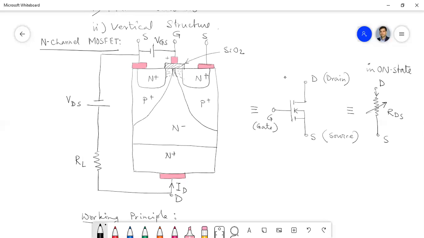Is that clear? So that means you can increase this layer. Initially, suppose this layer is only this much, and if we increase the voltage, this layer will be increasing. In this way, more current will flow from drain to source. So this is how it can be considered as a variable resistance in its on state.